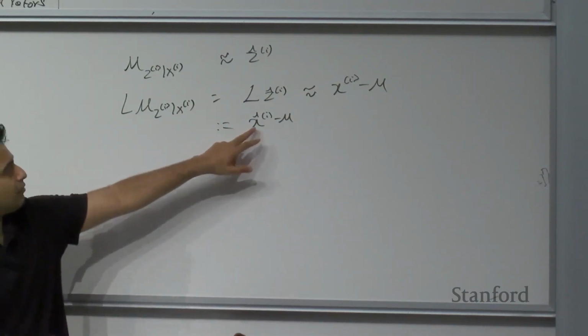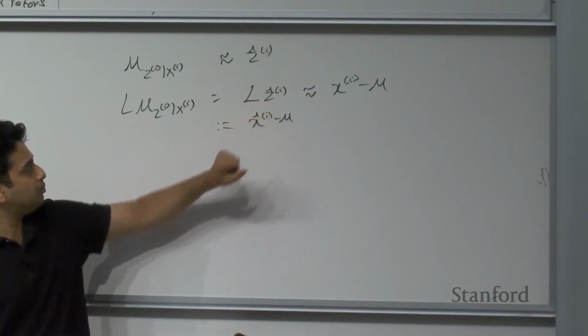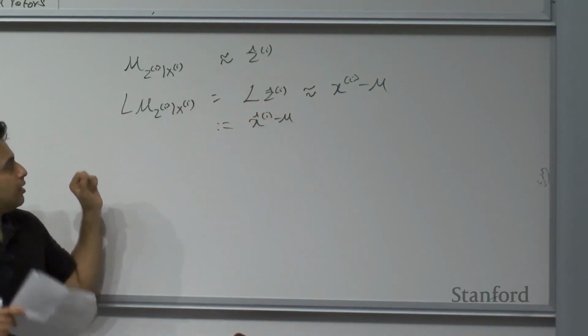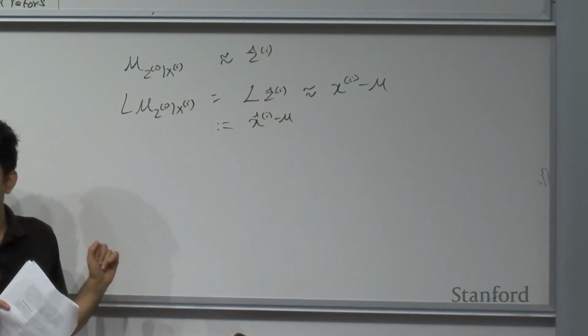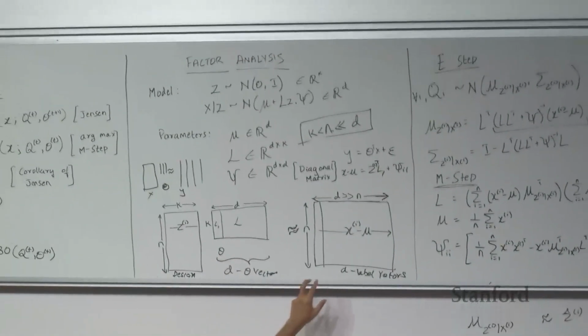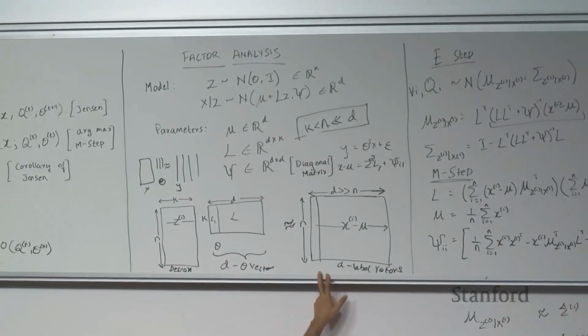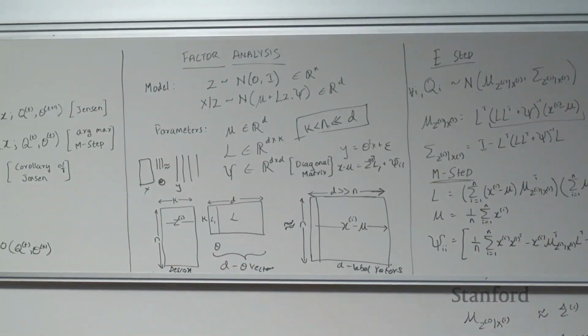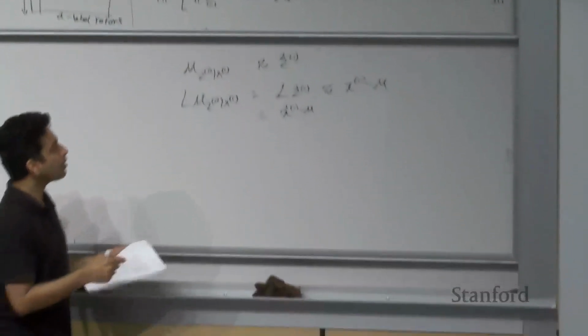So you can think of L z hat i plus mu to be the reconstruction of x. So over here, plug in z hat i, multiply it by L, and we get x hat minus mu. So this is like the reconstruction of x_i.